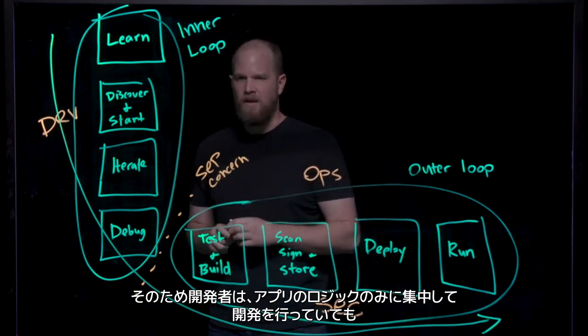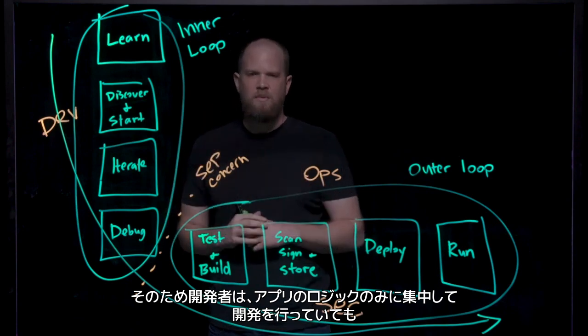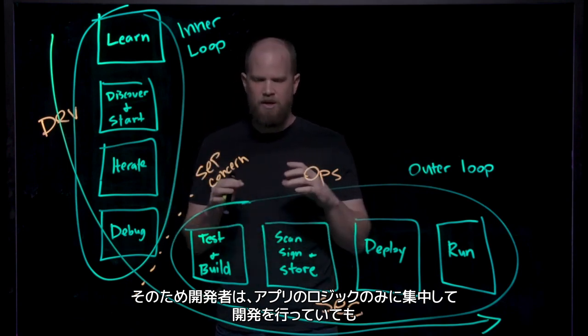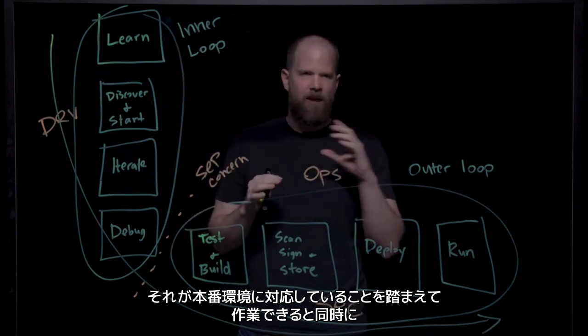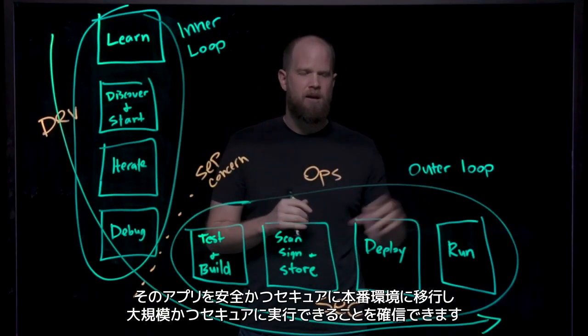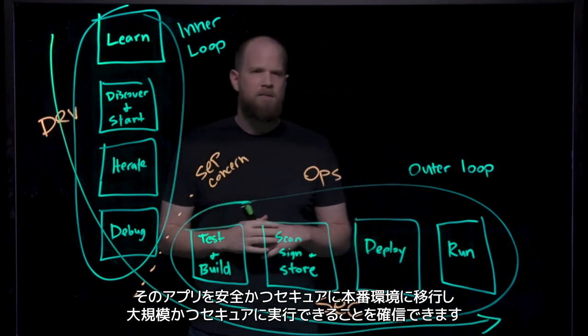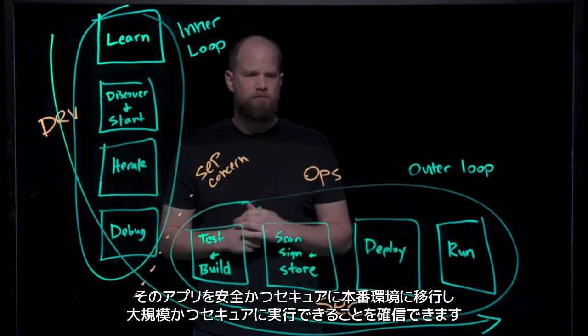So they can be confident that when they're focusing just on their application logic, they're developing their application with a production-ready mindset that will allow it to get to production in a safe, secure way, and then run at scale in a secure way in the future.